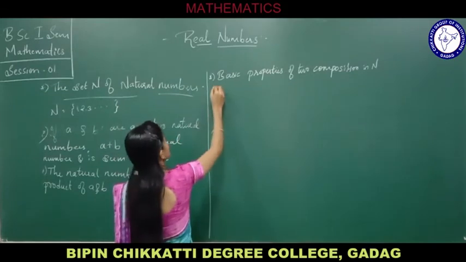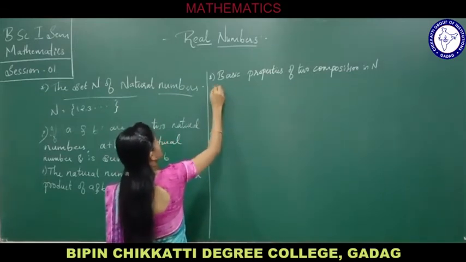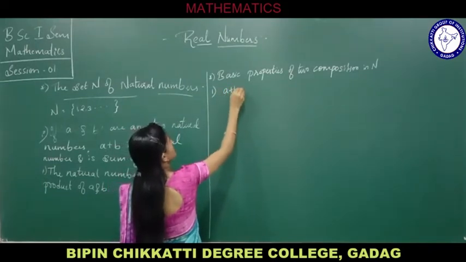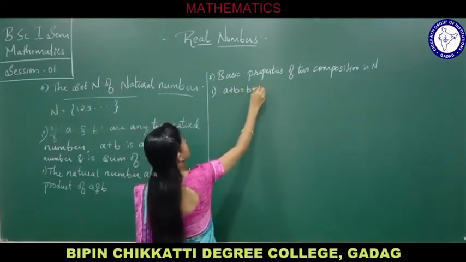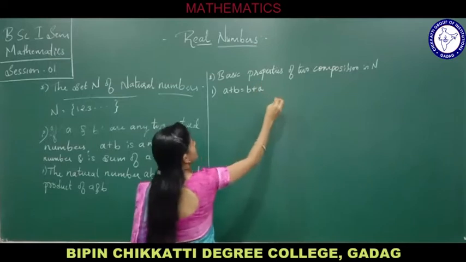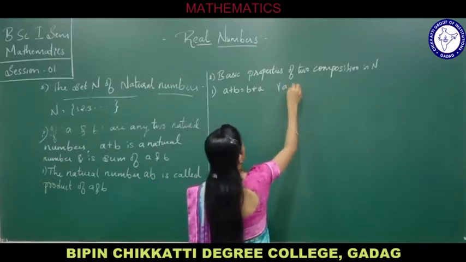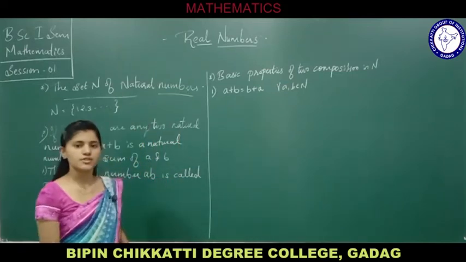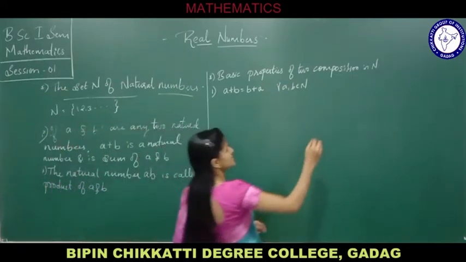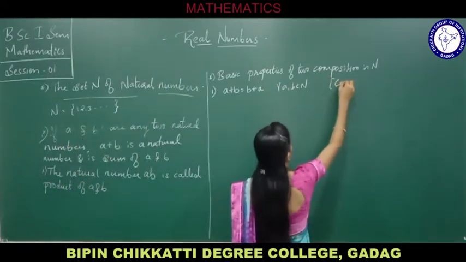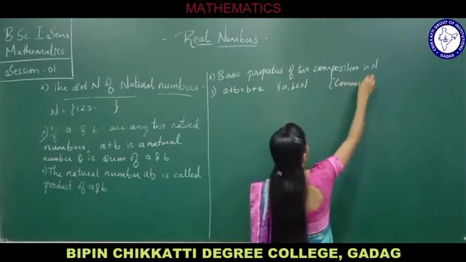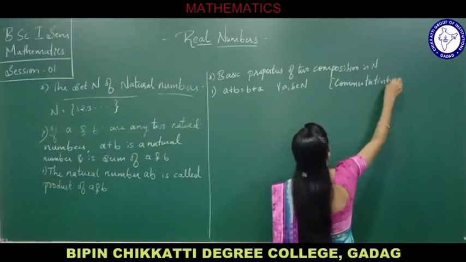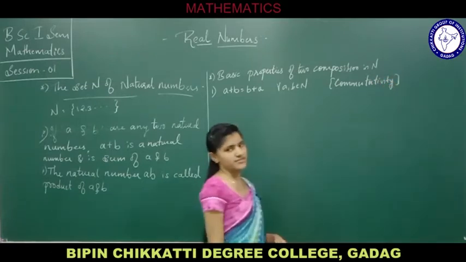The first basic property is A plus B equals B plus A for all A, B belonging to natural numbers. Which property is this? It is the commutative property, or we can say commutativity.